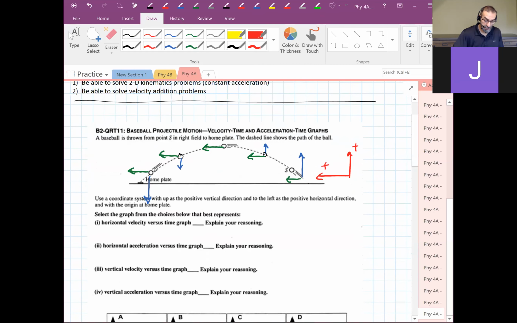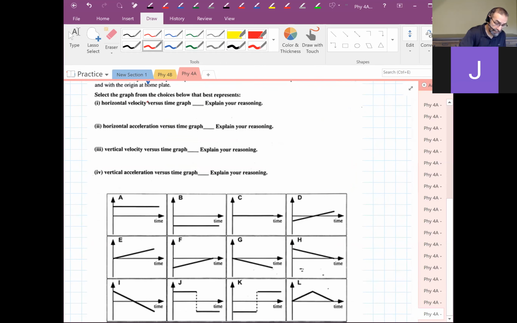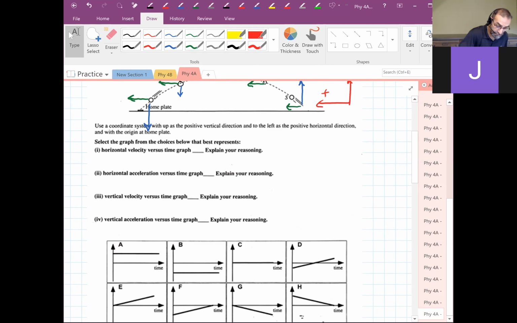So what's the answer for this one? If to the left is the positive direction, then it was constant and positive the entire way. So there's the graph that represents the horizontal velocity versus time. Okay.